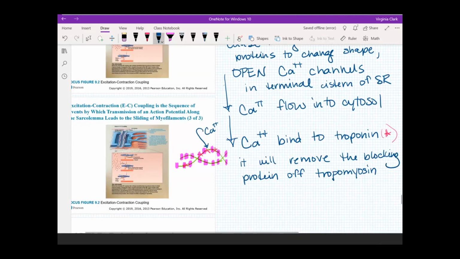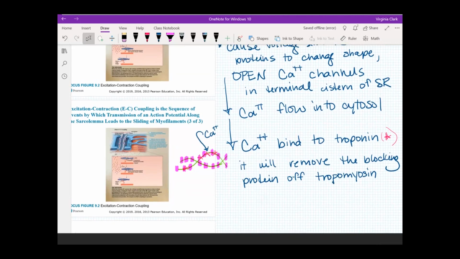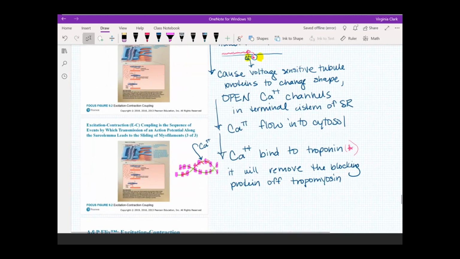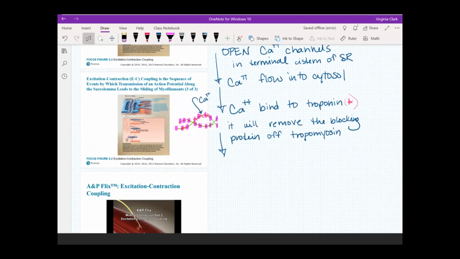And if we have this blocking protein removed, then what we have essentially done is we have exposed the active binding sites for our myosin.